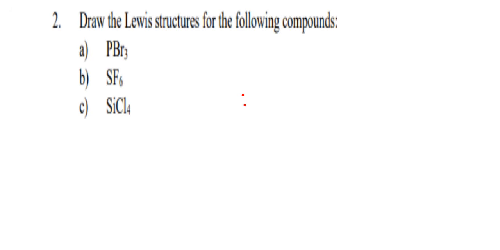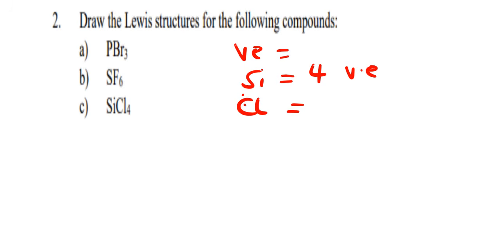Okay, now let's see how we are going to solve our silicon tetrachloride. So we also have to consider the valence electrons. Now silicon is in group 4, so we're talking about 4 valence electrons. What about chlorine? You know that chlorine is in group 7.